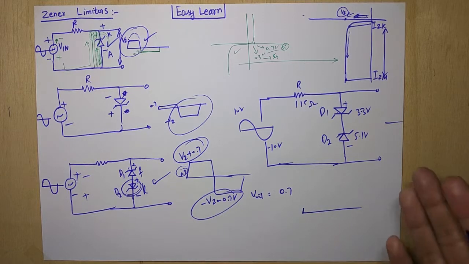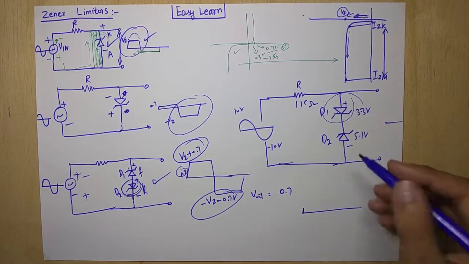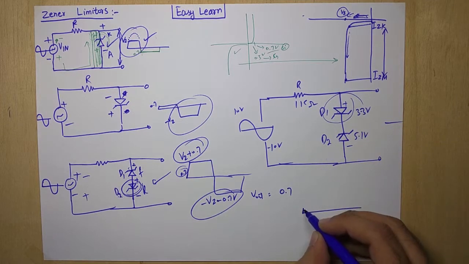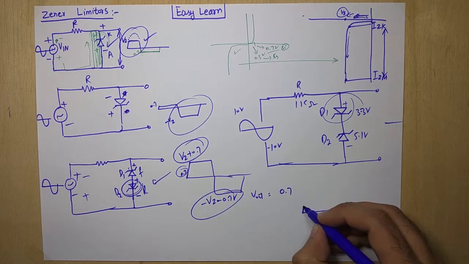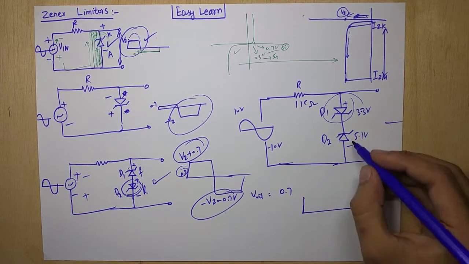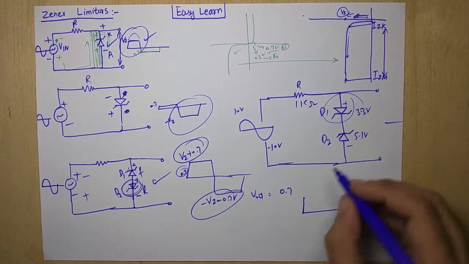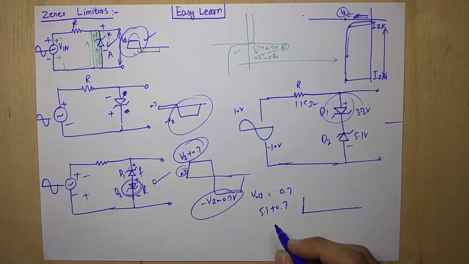After that D1 starts conducting, but D2 is in reverse bias, so we are still receiving output. But after that, 5.1 plus 0.7 volt, this is a total of 5.8 volt.